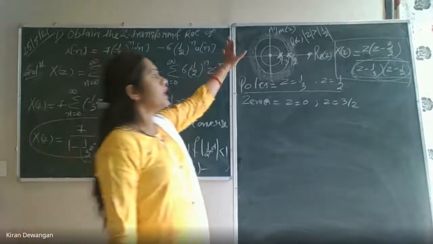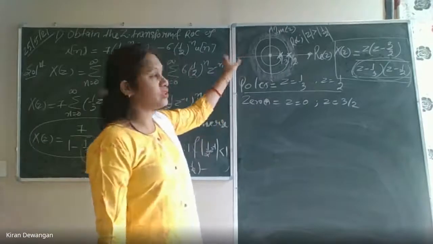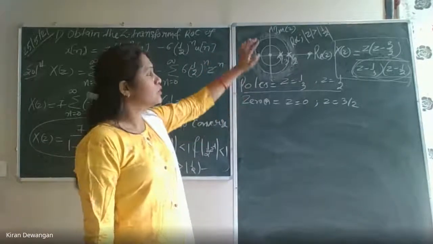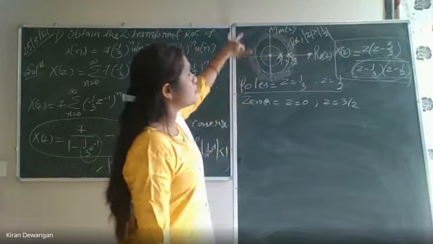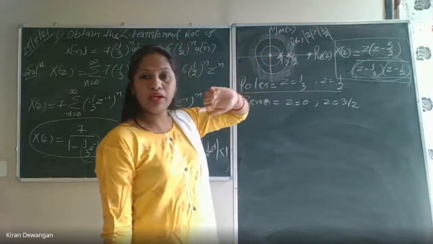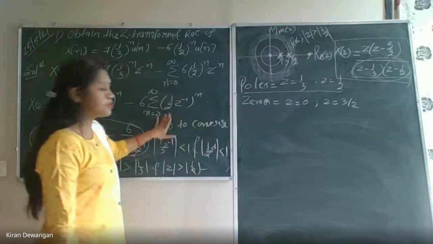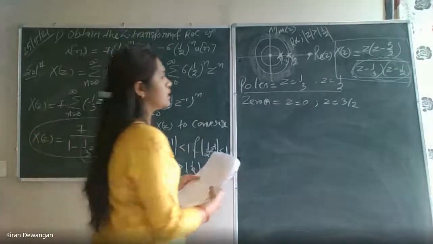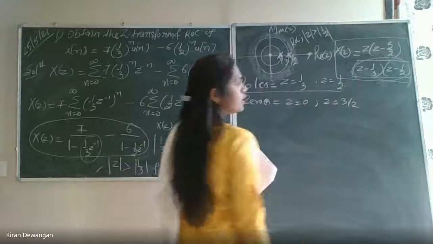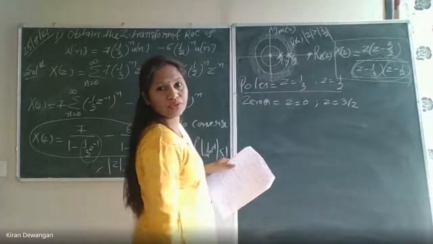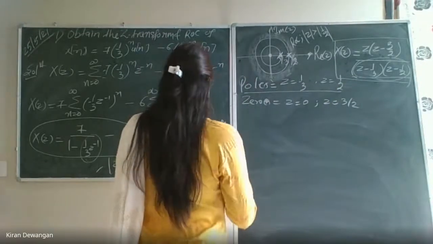Finally, we take the common region of both. ठीक है? So the common region is mod of z greater than 1/2, and that becomes our region of convergence for this question. So that is how we solved, and when we solved our X(z), we got the poles and zeros also. Now the next question.